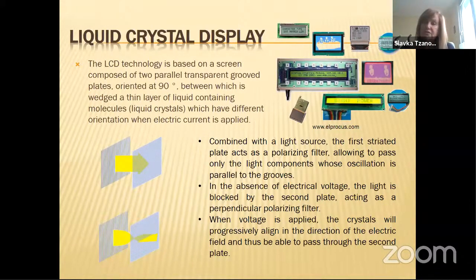These crystals have different orientations when electric current is applied. Depending on this orientation, combined with a light source, the first straight plate acts as a polarizing filter, allowing to pass only the light components whose oscillation is parallel to the grooves.